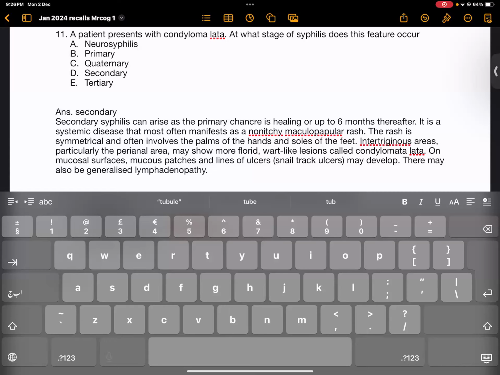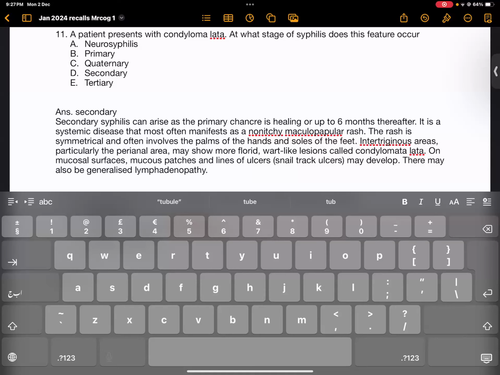Now it starts as a maculopapular rash, and this rash is symmetrical and involves the palms of hands and soles of feet, and also the intertriginous areas, mainly the perianal area. Then it flourishes, and wart-like lesions called condylomata lata appear. So condylomata lata is the stage of secondary syphilis.